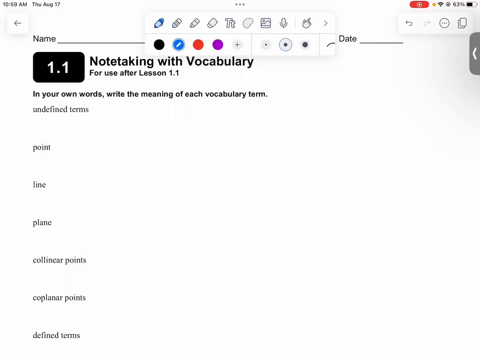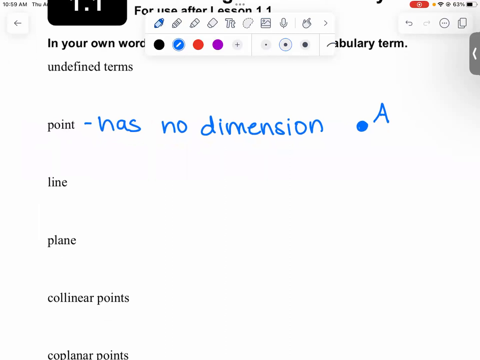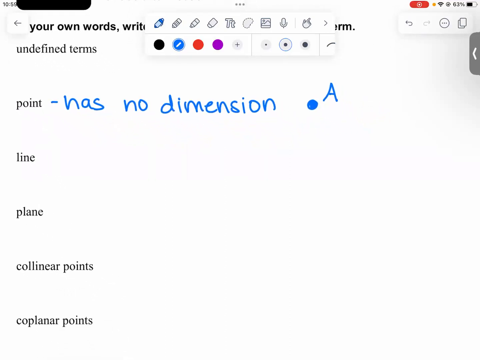So a point has no dimension. We're going to name points with capital letters. They're always going to be capital letters.